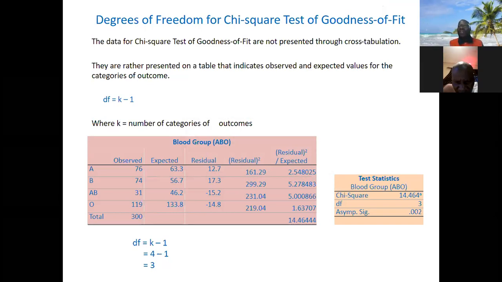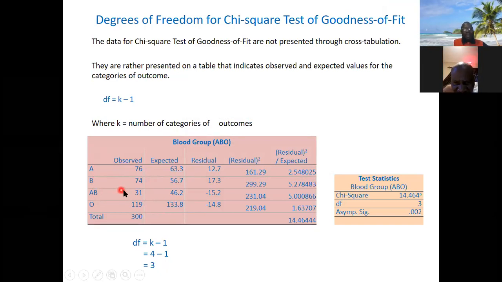Now, for the goodness of fit, all I just want us to know here is that you don't calculate it by having a contingency table. The table you have is observed value and expected. So all you need is the different categories of the outcome.